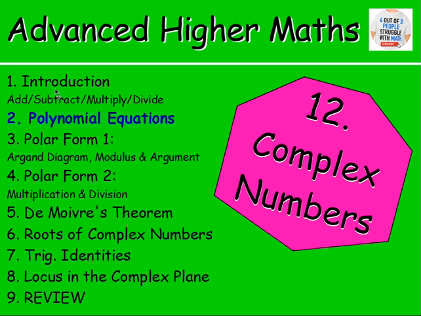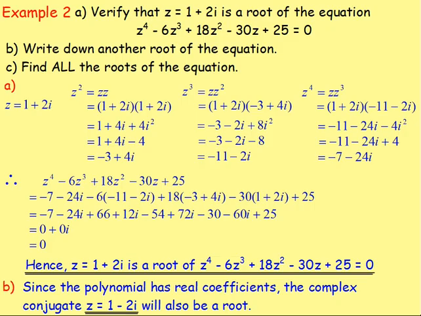But after the brief introduction, we then went on to look at polynomial equations. So a polynomial would be when you have something like x cubed plus 2x squared plus 7x plus 3 equals something. So you can see here you've got your polynomial equation. We've got z to the power of 4, 3, 2, 1, 0, and that's going to equal 0.